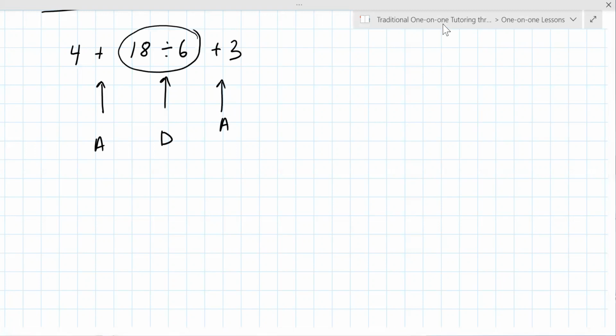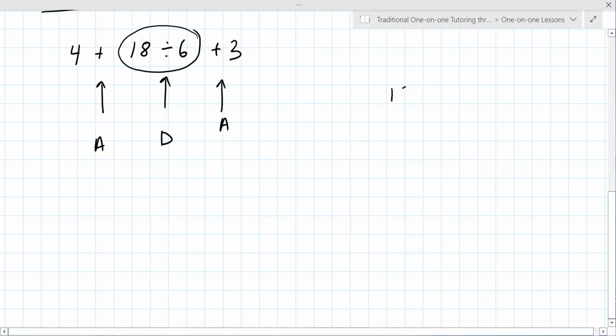That does kind of come from your multiplication table, division table, but one way you can divide here is to ask yourself 6 times some number equals 18, and you figure out that number. What number goes in the box here? And that helps you to determine this value. Is it 3?